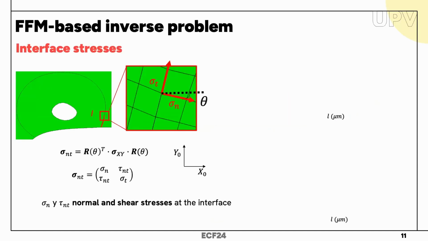Then, at the critical load, with a simple linear elastic analysis, we have calculated the stresses along the interface, and we just need to rotate these stresses to local coordinates oriented with the interface, so we can calculate the normal and shear stresses at the interface.